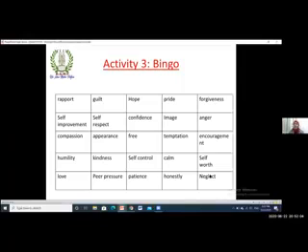Yes, bingo activity. To give you a reference, bingo is a game that children use with numbers.